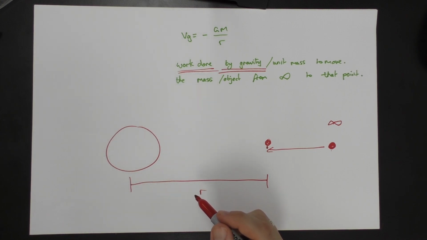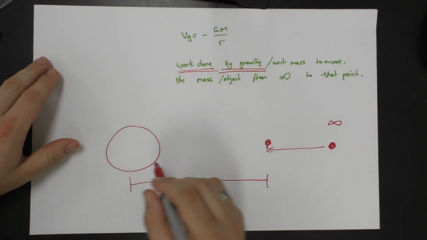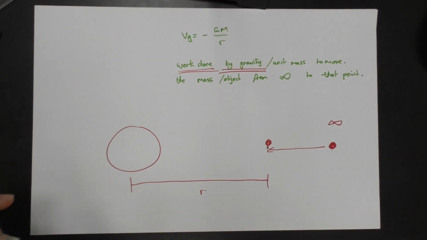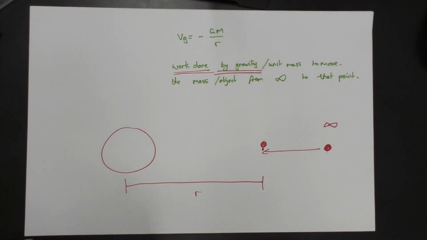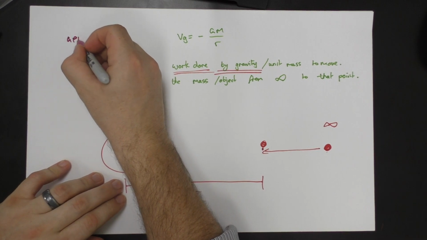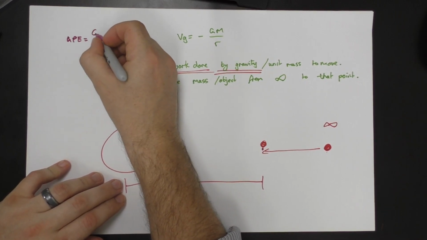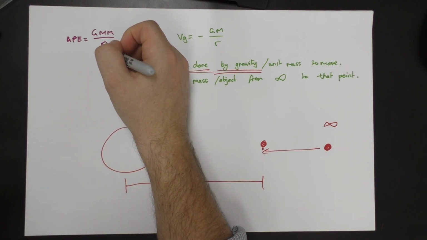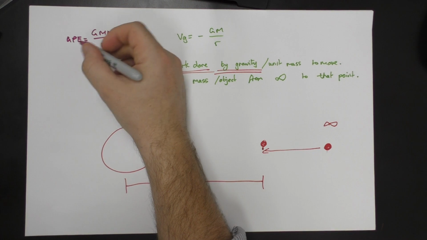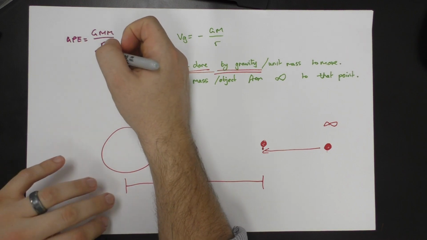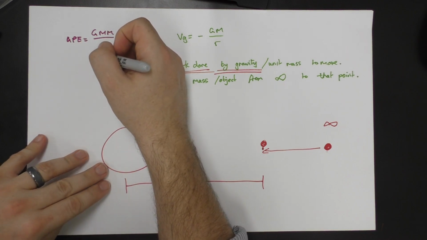If work done is equal to that, well, look very carefully. If we go back to the idea that GPE is equal to GMm over R, well, you can effectively say that that's an amount of energy that it has. And we can then rewrite this equation based on potential.